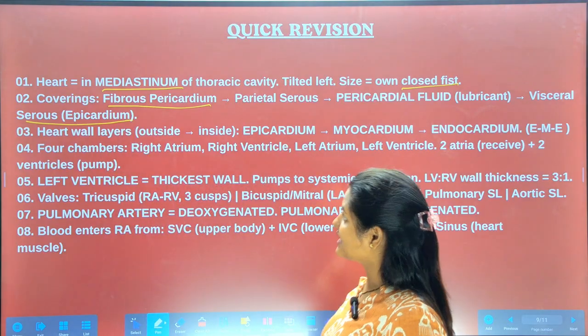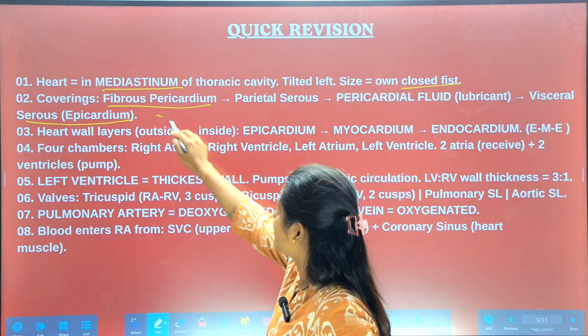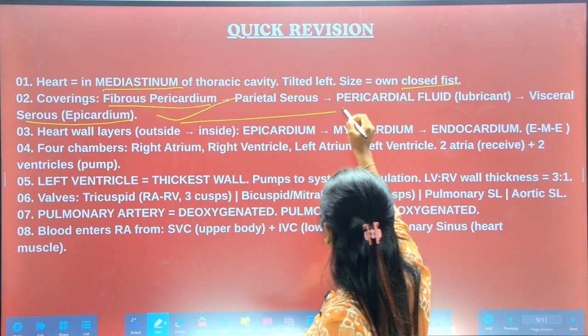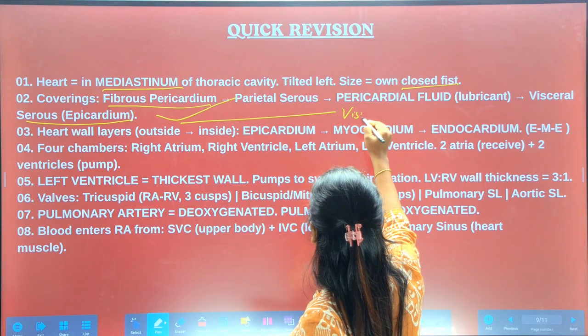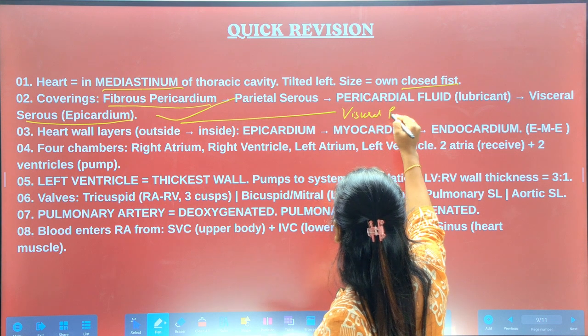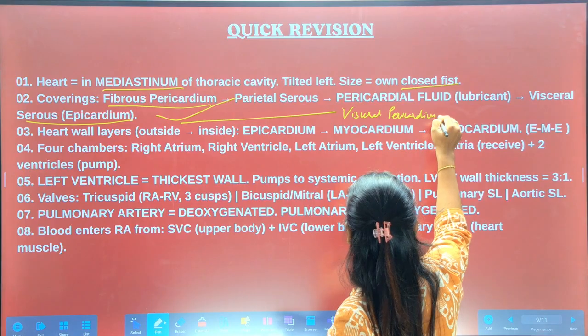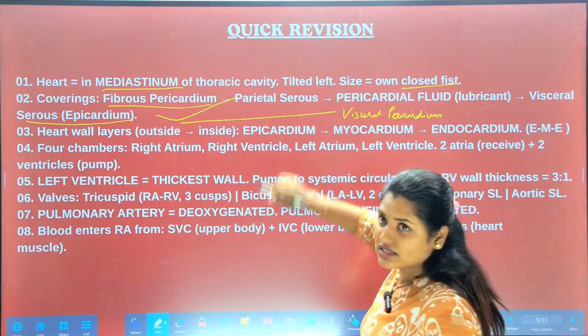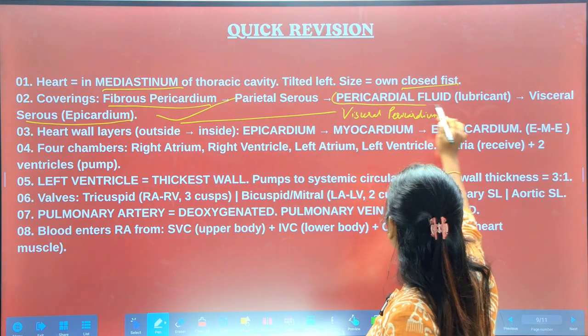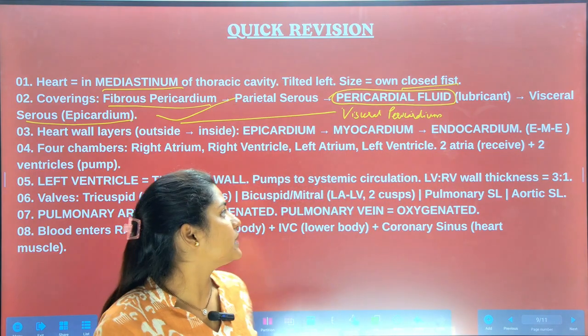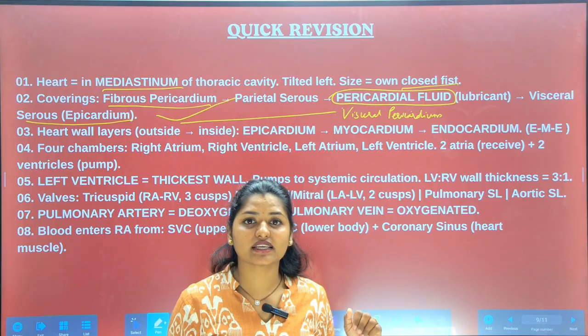In the serous pericardium again there are two types, one is parietal and one is visceral pericardium. So these are the types of serous pericardium. And here, you have to remember the pericardial fluid, it is present in the pericardial cavity.